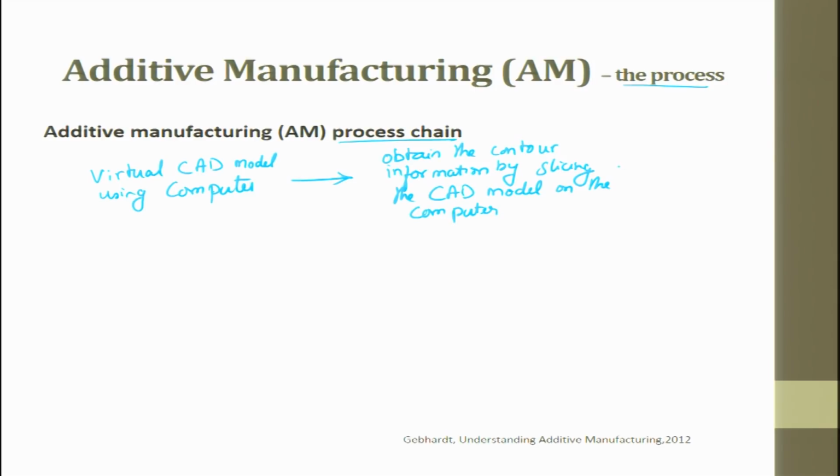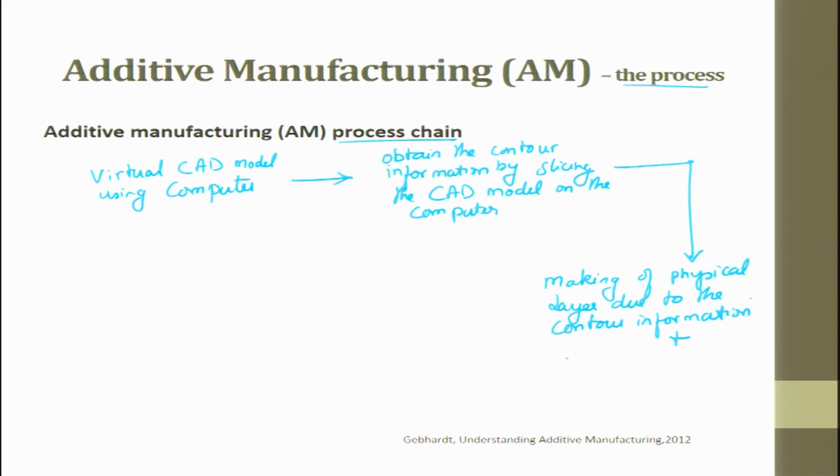This is what we do, and then we try to make physical layers due to the contour information, plus we merge the physical layers on top of each other.